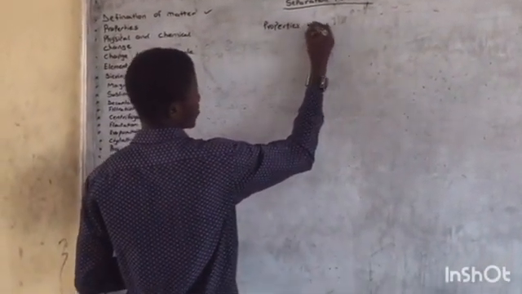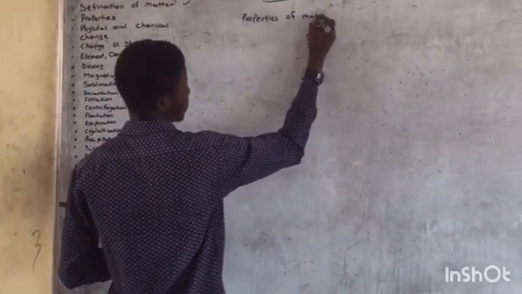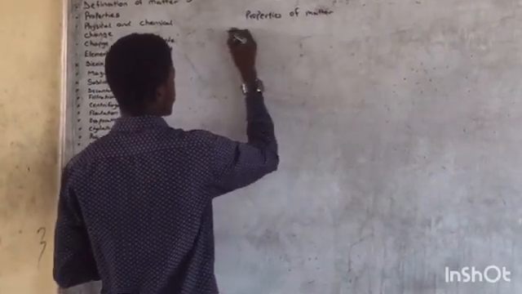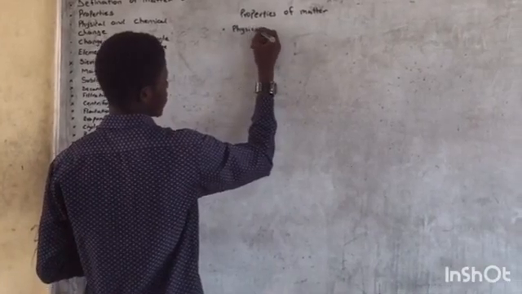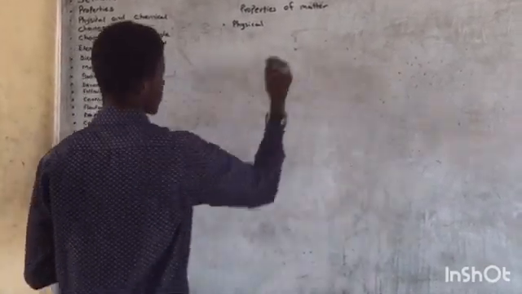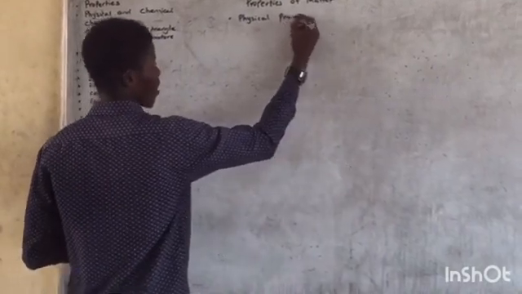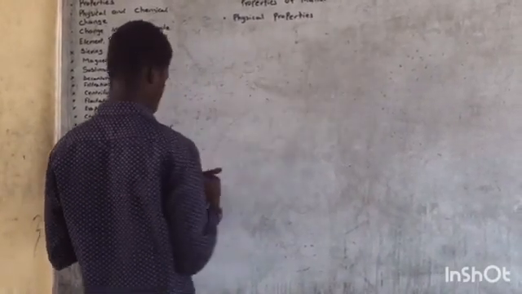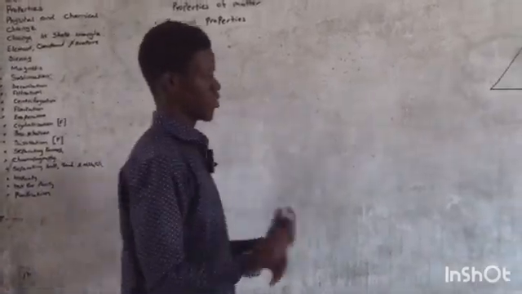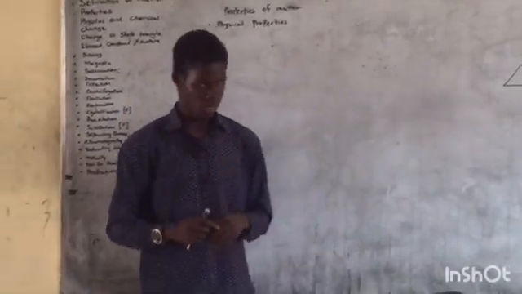The first one is physical properties. So how do you detect physical properties? How can you tell which one is physical and which one is chemical?